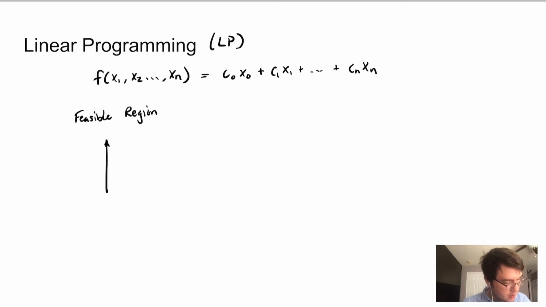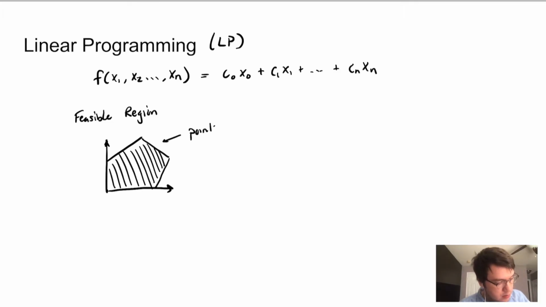Let's see an example of that. So this will be a very simple problem. This region contains all of the points which satisfy all of the constraints.